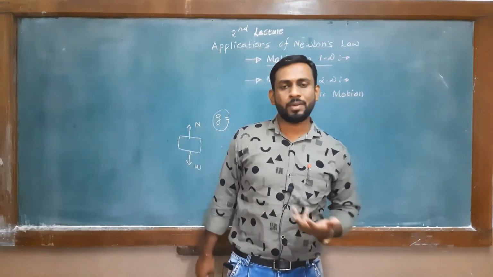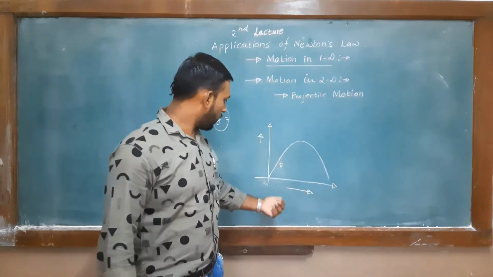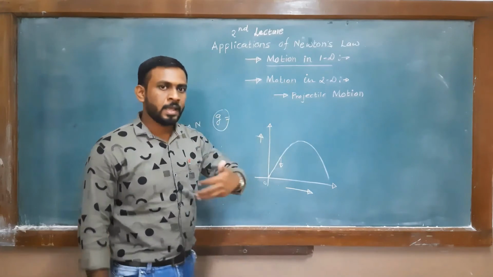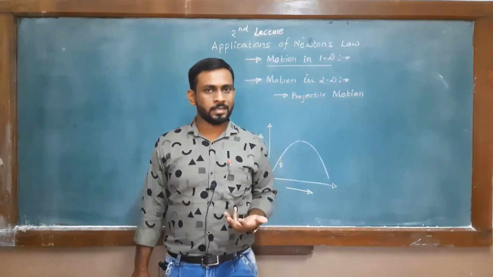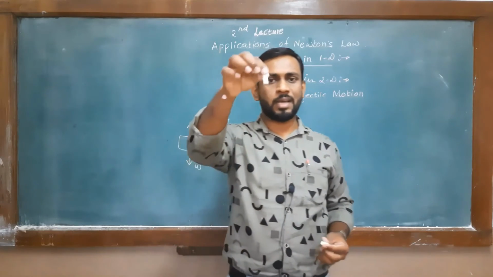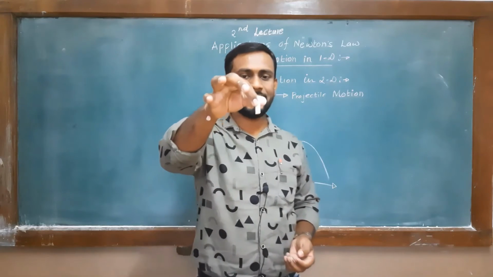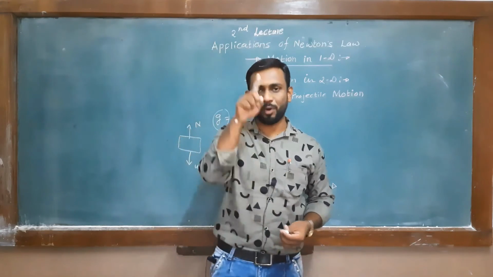Again, I would like to give an example where we can see that the motion along the x-axis in the projectile and the motion along the y-axis are independent of each other. Suppose we have a chalk, and if I release the chalk like this, the chalk follows free fall motion.